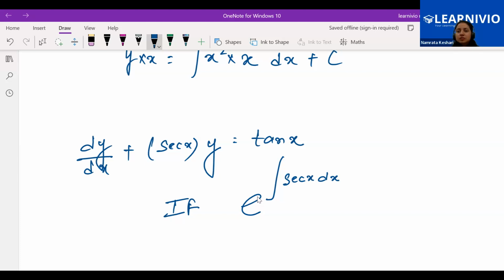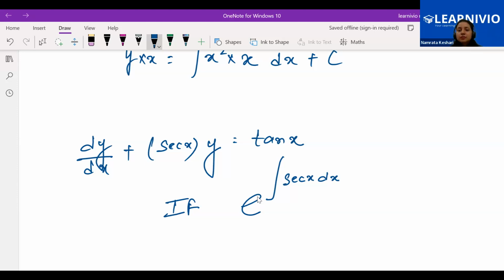Is it so? Yes, ma'am. Integration of sec x. It will be... We cannot write 1 minus tan x, because the sec square x minus tan square x formula is there. For only sec x, there is a direct formula for integration.